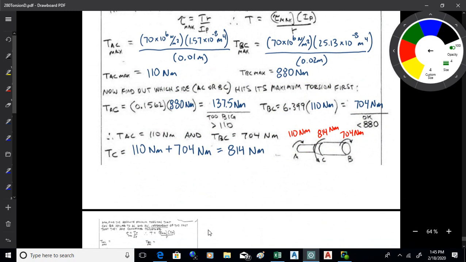When I do that, the reaction at A is 110 and the reaction at B is 704. That's how that 814 gets split to the two sides. And when AC is at 110, I got to stop. I can't apply any more torsion because it's hit its maximum shear when that happens. That's what's going on here. So there's a couple different things happening at once. All right.